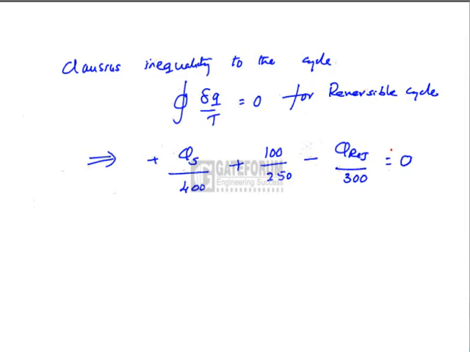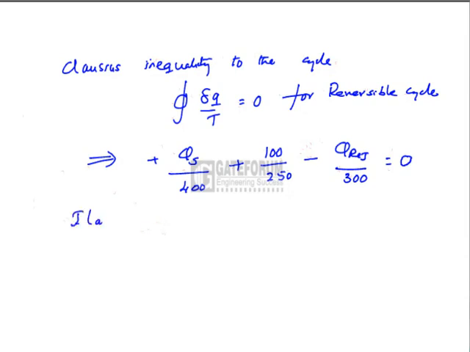This is the Clausius inequality applied to the system. This is also called the second law of thermodynamics applied to the cycle.